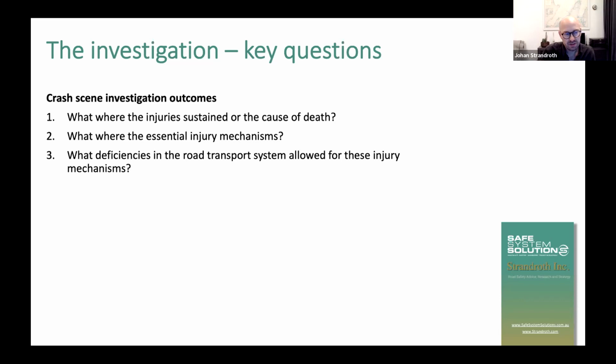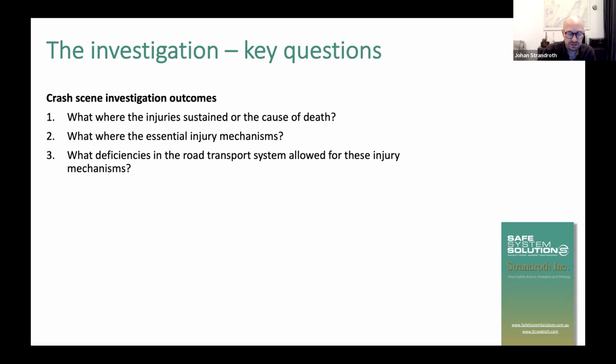And then, what are the essential injury mechanisms? An injury mechanism would be the way that these injuries on our bodies actually appear or happen. What's the actual event? So we're going to look at that as well, and see what that could mean.